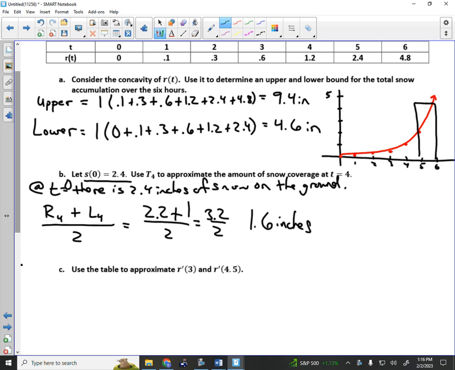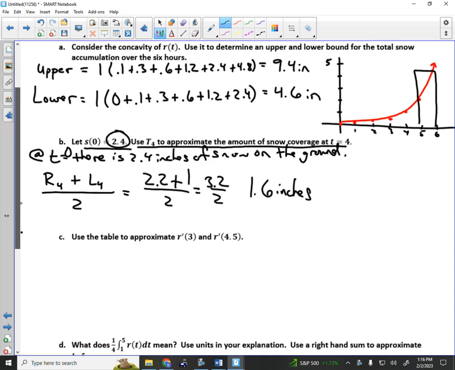Because that's what I do on the test sometimes, and I get it wrong, because that's not correct. The question is, approximate the amount of snow coverage at that time. We have to add on the 2.4, don't we? Yeah. Remember what this is building off of yesterday, which is start plus displacement.